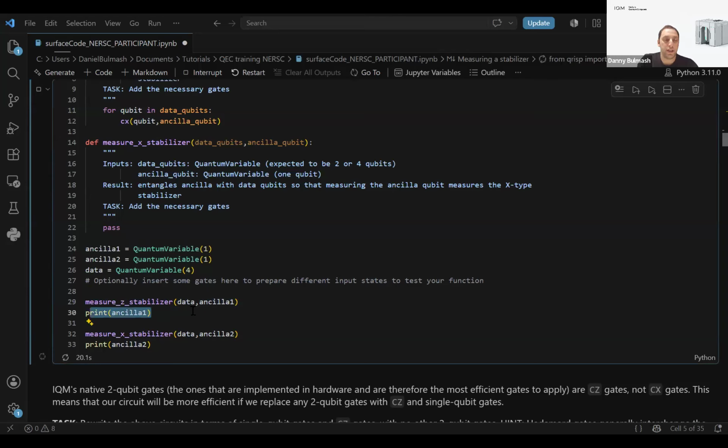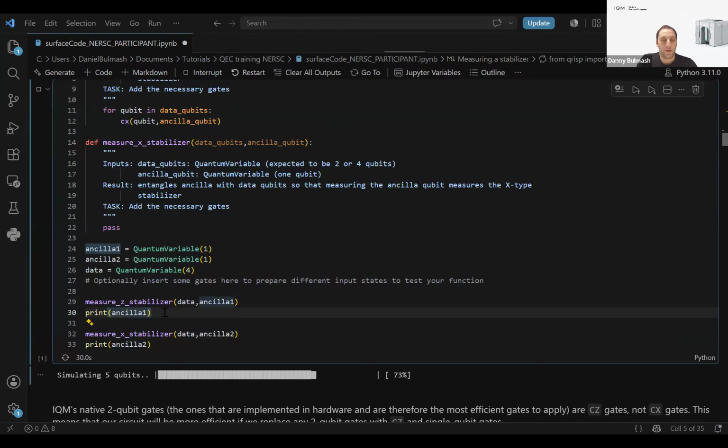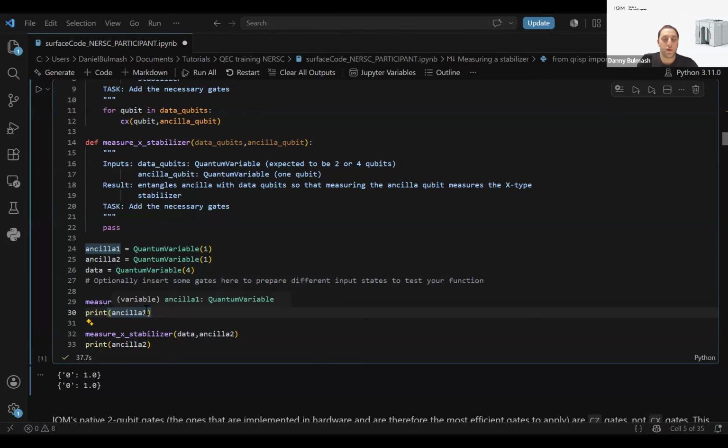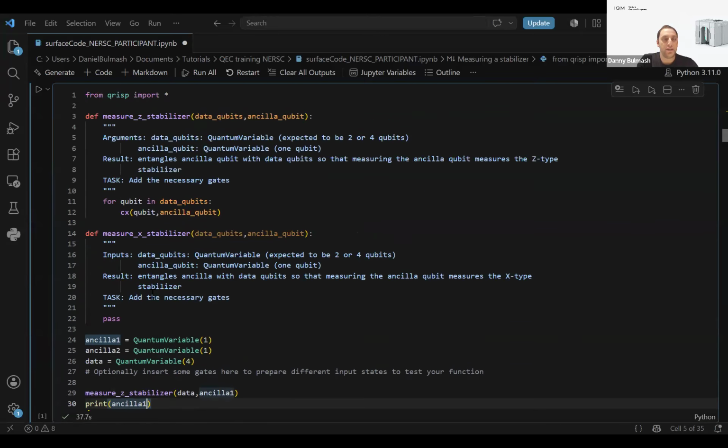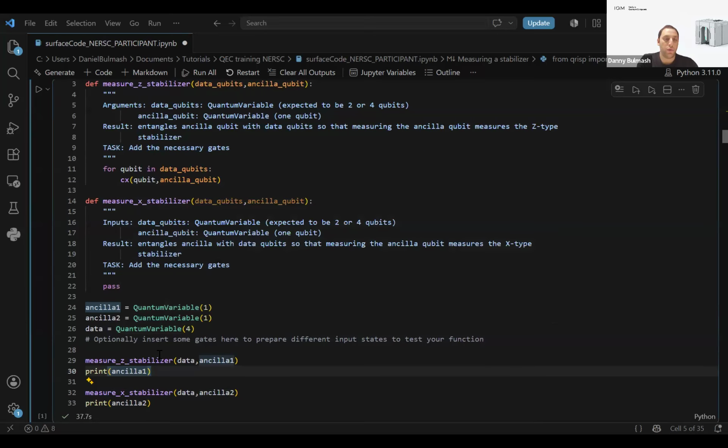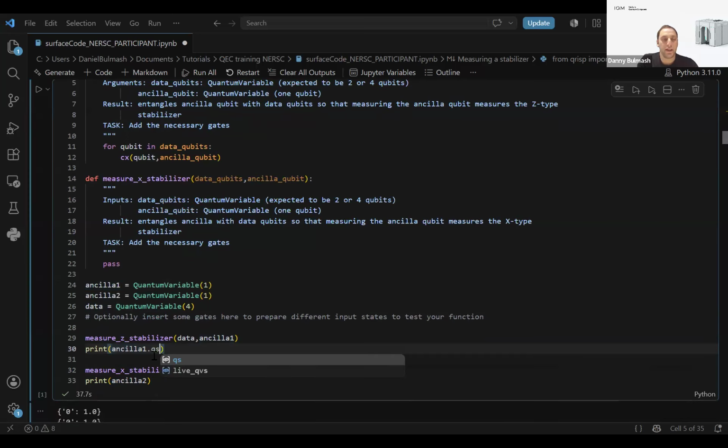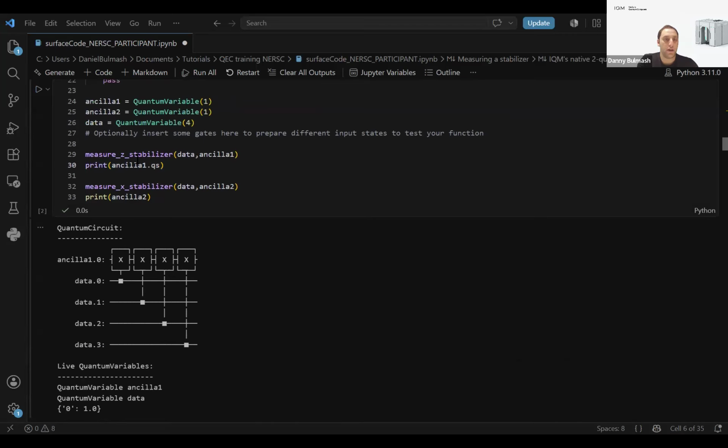And you'll see that when we print the ancilla, it's going to say that that ancilla is always going to be 0. Why is that? Because we initialized our data qubits as 0, and so we will always get 0 for our ancilla. But if I print the quantum session of ancilla, it shows me what circuit I've done. So you see that we've implemented the circuit that I just showed you on the slide. It's a controlled X gate between each data qubit and the ancilla.